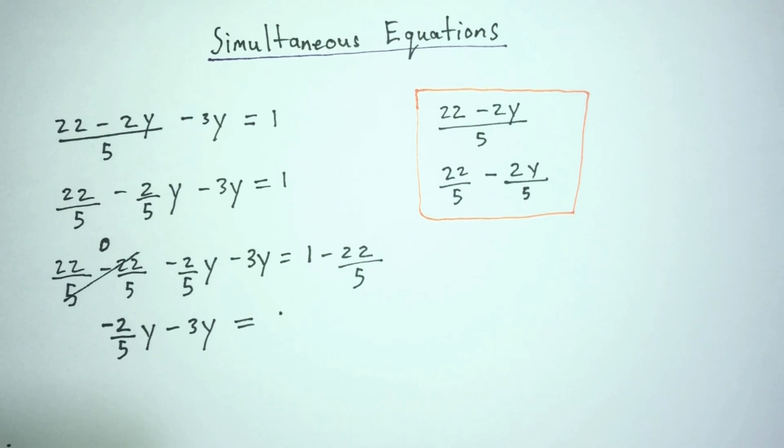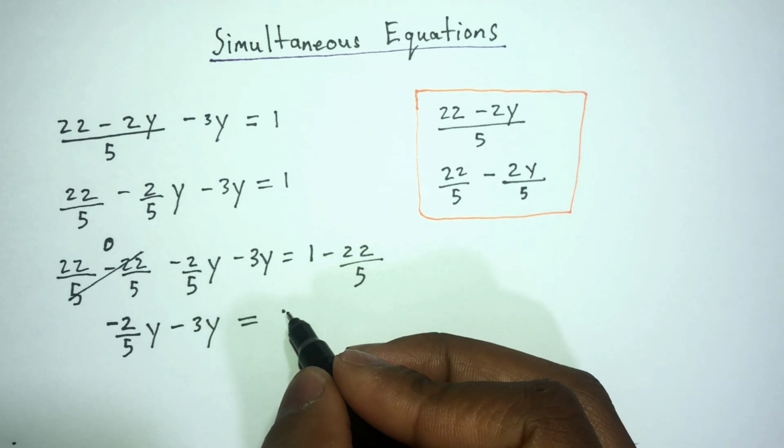And 1 minus 22 over 5 equals negative 17 over 5.